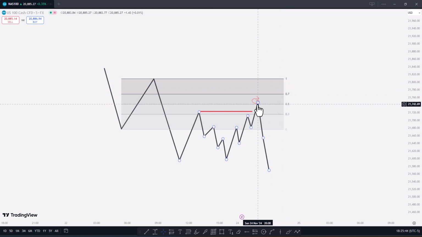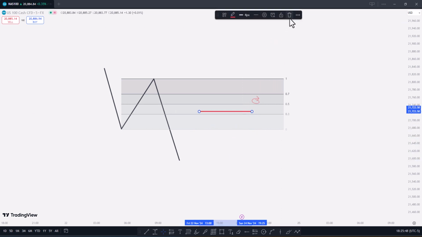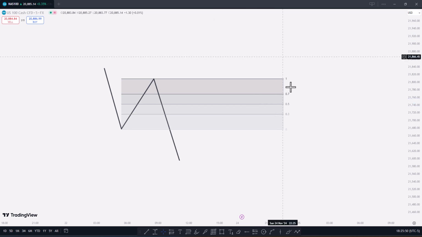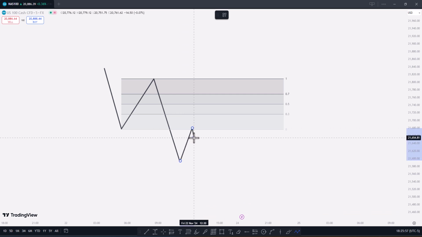Let's say, for example, let's remove everything here. Let's start fresh. So let's say that we are bearish and we have this zone, and price tops it the first time, right?